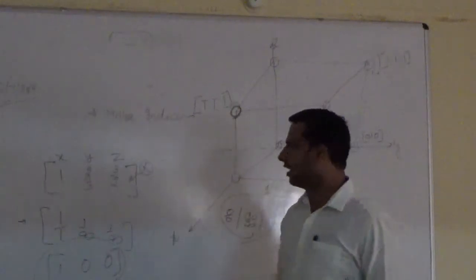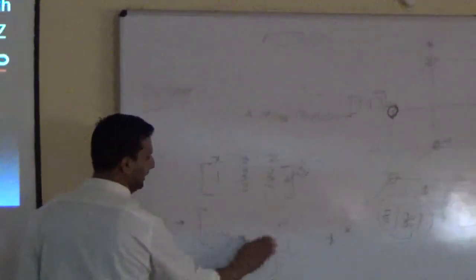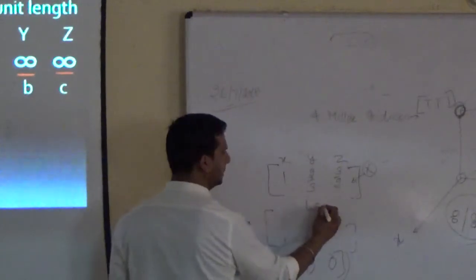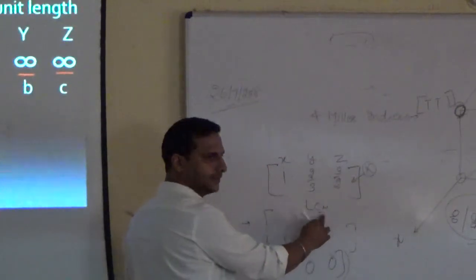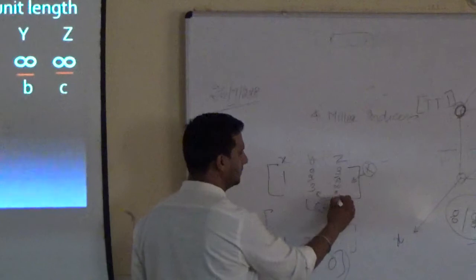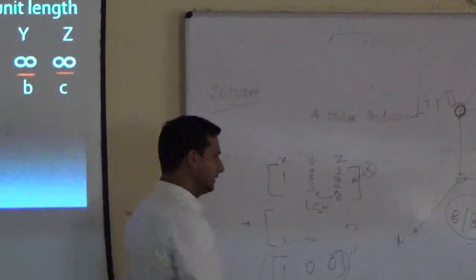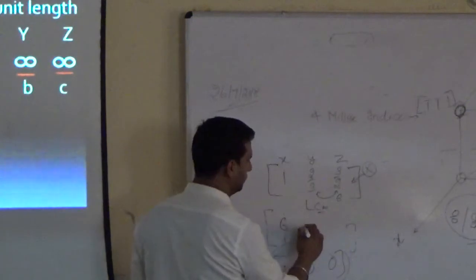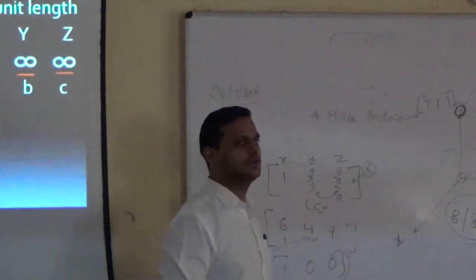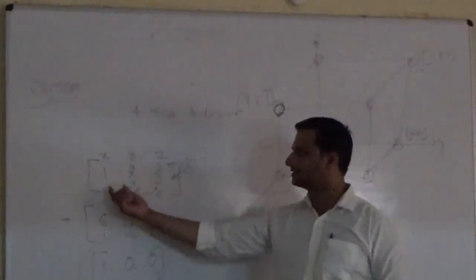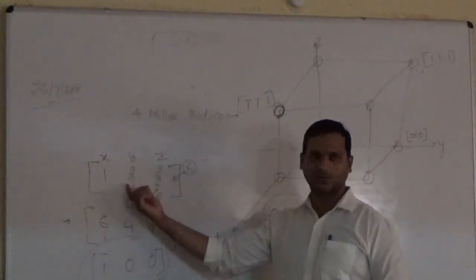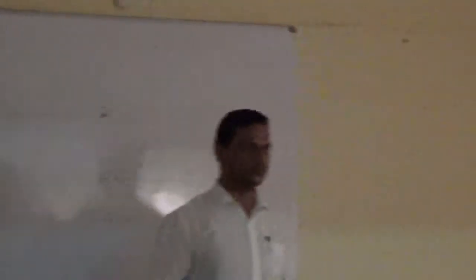And you already know how to convert fractions into integers: we have to multiply by the LCM, the lowest common multiple, which is equal to 6. Then multiplying by 6 gives 6, 4 and 9. This is our answer. This is the location of a plane if the plane intersects the axes at x equal to 1, y equal to 2 by 3 and z equal to 3 by 2. Have you got it?